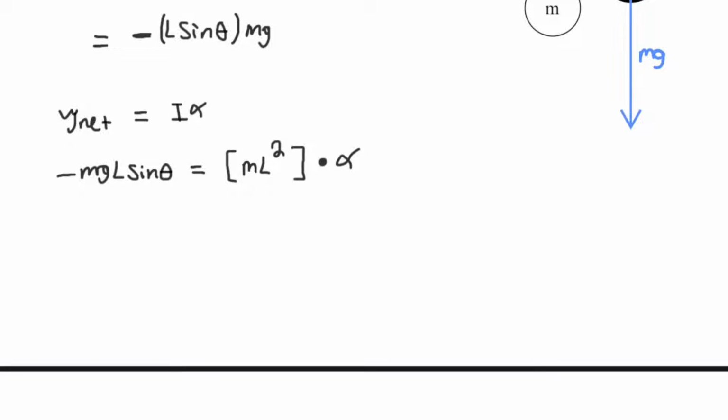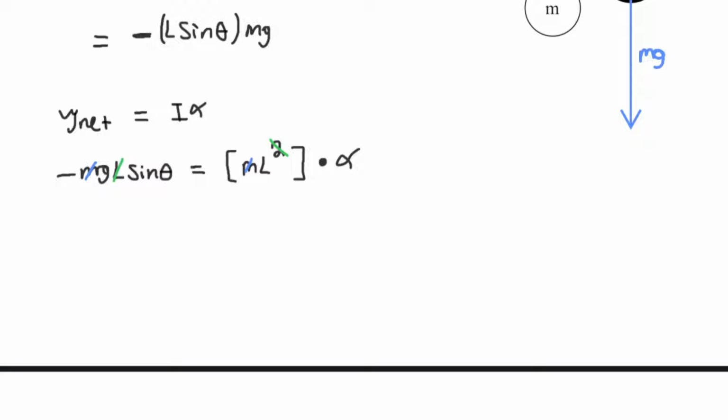And now we just see some cancellations hopefully happen. First, we have an L here and an L here, so one of the L's cancels out. The mass also cancels out.